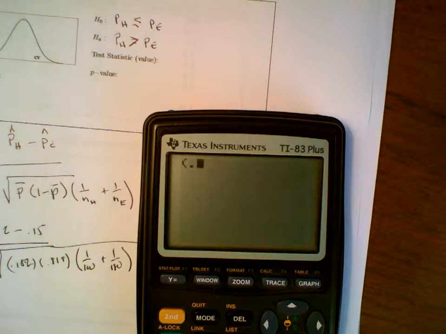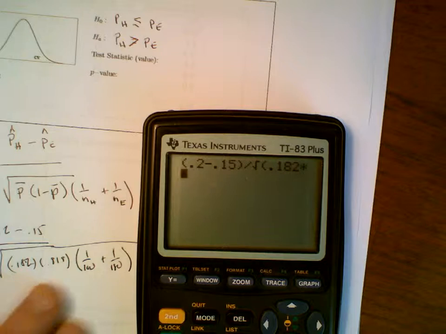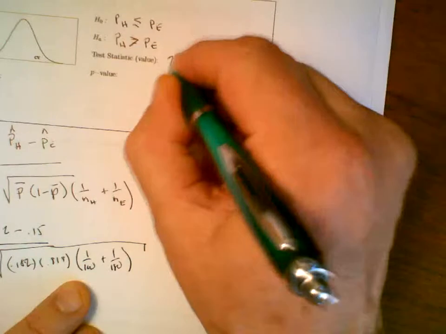Paren 0.2 minus 0.15 paren divided by square root of 0.182 times 0.818 times paren 1 over 100 plus 1 over 180, two sets of parentheses. We get 1.038, 1.04. Z is equal to 1.04.